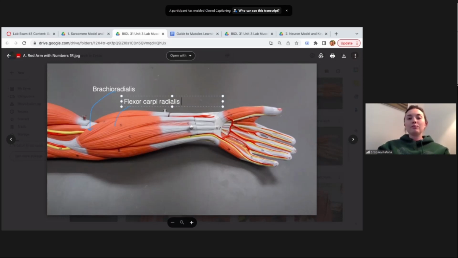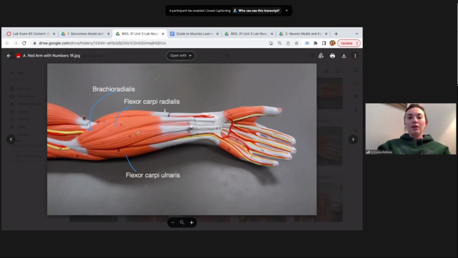I said digitorum, I meant to say carpi. The carpi are our outside muscles. So flexor carpi radialis, the outside over here, and flexor carpi ulnaris on the outside of the other side.